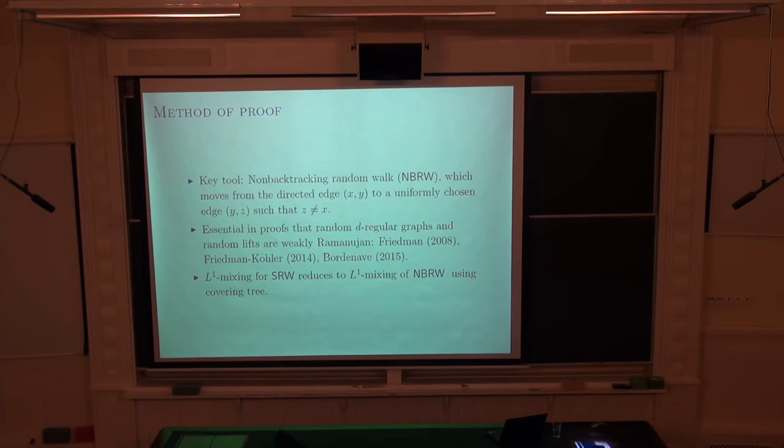I'm not giving the exact details, but if you've seen these kinds of arguments, it's very simple. So if you understand L1 mixing for the non-backtracking walk, you understand it for the simple random walk, you just have to multiply by this inverse speed.